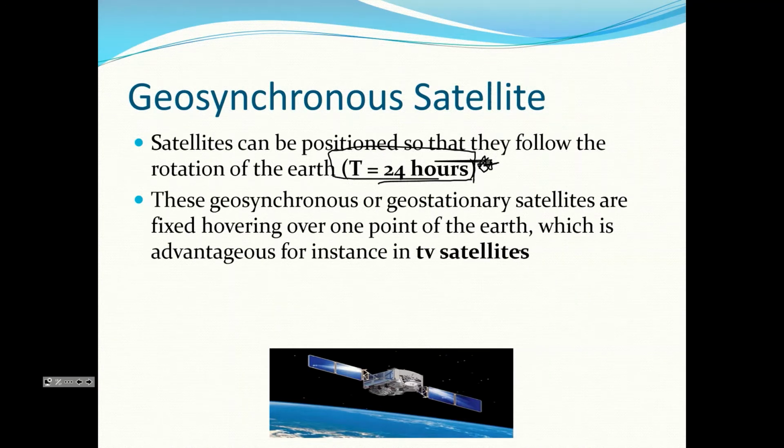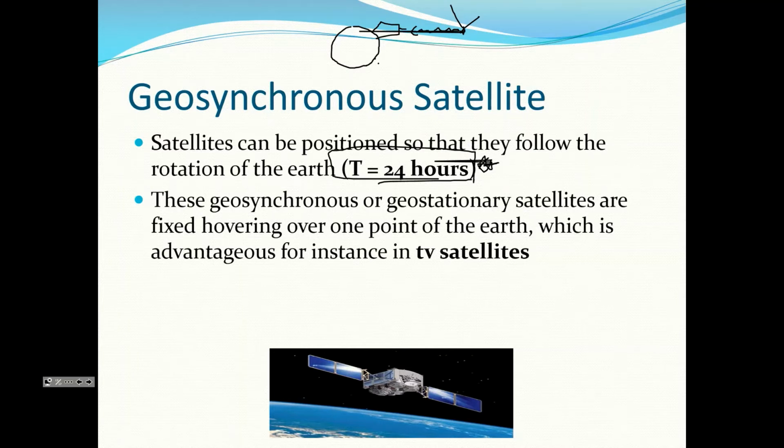So these geosynchronous or geostationary satellites are fixed, hovering over one point over Earth, which is really good for TV satellites, right? Because if this is the Earth, this is my house here, and this is my satellite dish, and this is my satellite out in space. Look at that. It beams that signal right down.